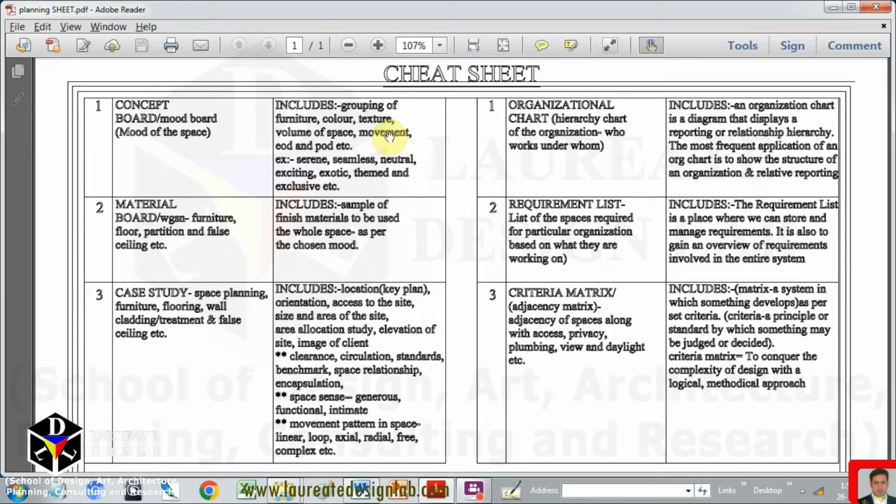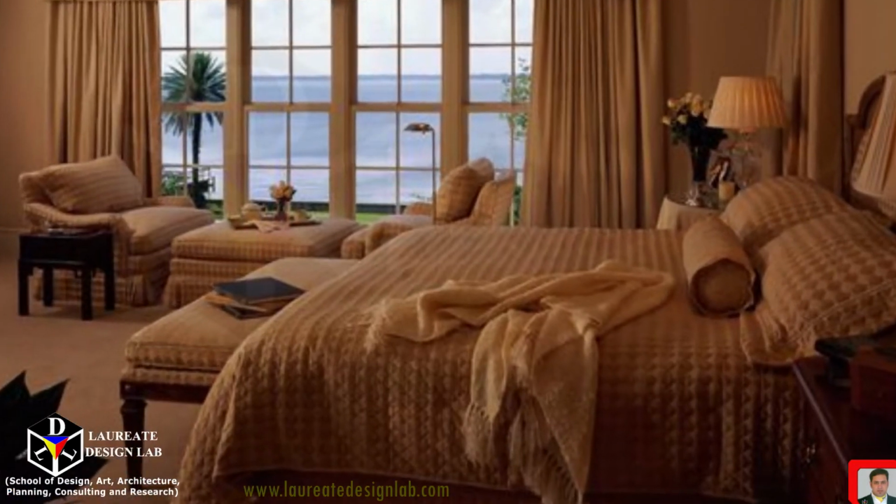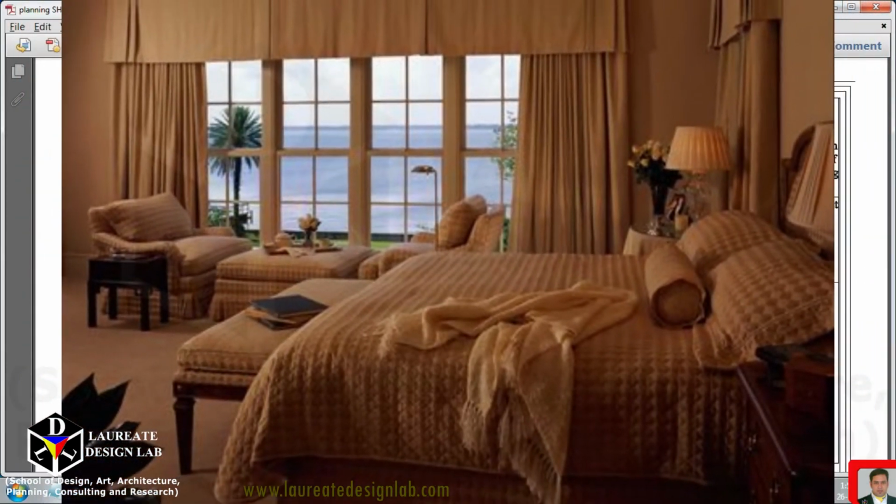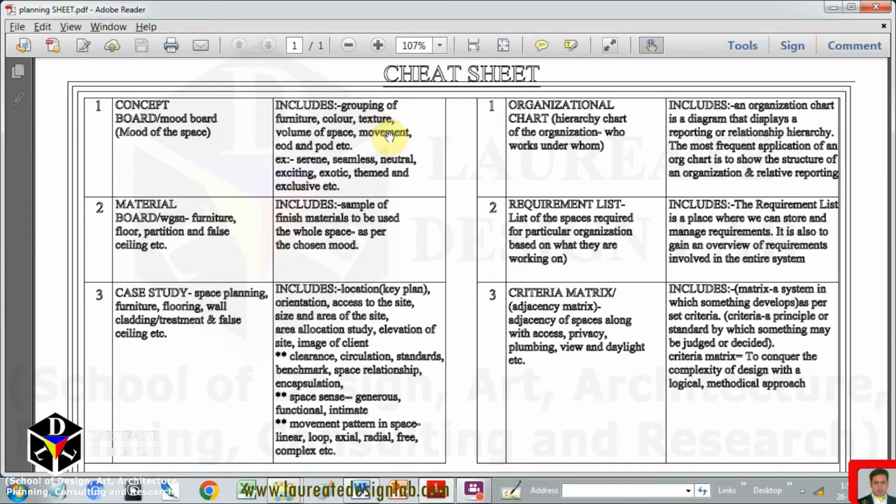Finally, for rest purpose, you go to your bedroom. So this is movement. So if you want to show movement pattern in a specific manner, that also you can include in your concept board or mood board.